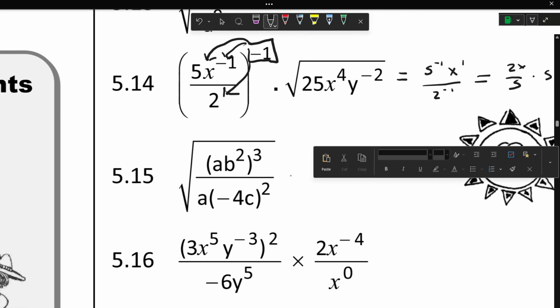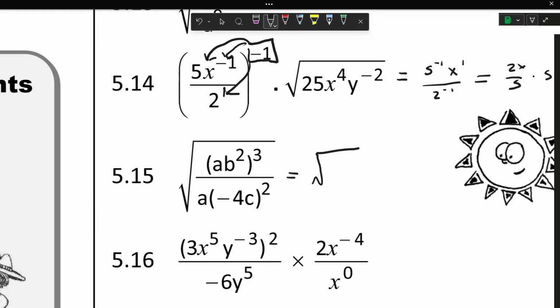Let's have a look here. First thing is we want to pay attention to our rules very closely.